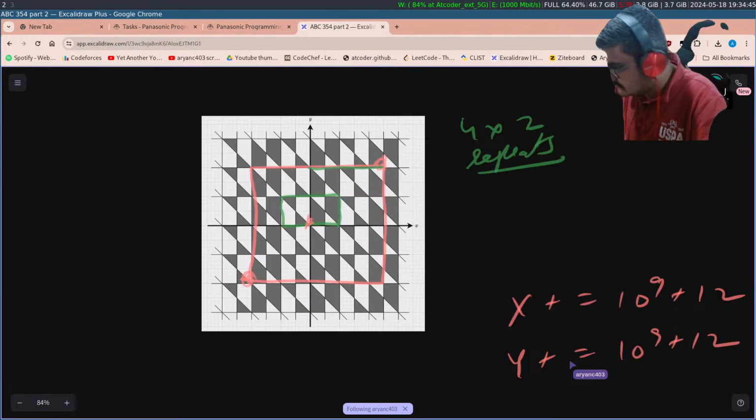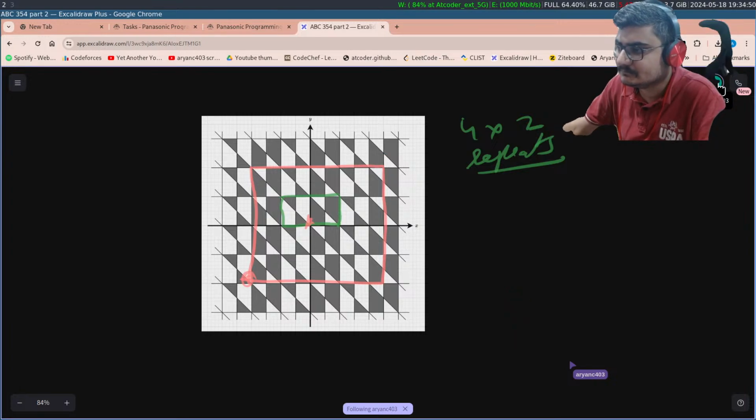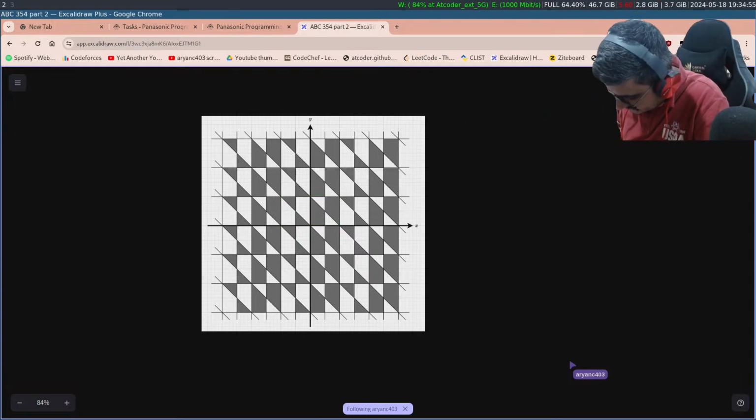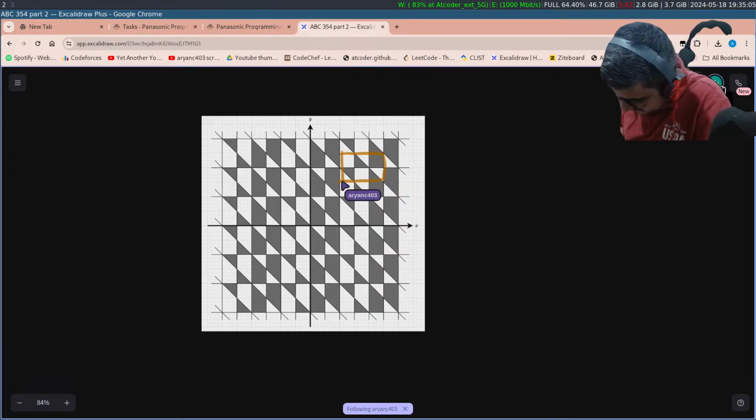Once we have shifted the origin, if we want the area of this rectangle, we can find the area of this part starting from the origin.